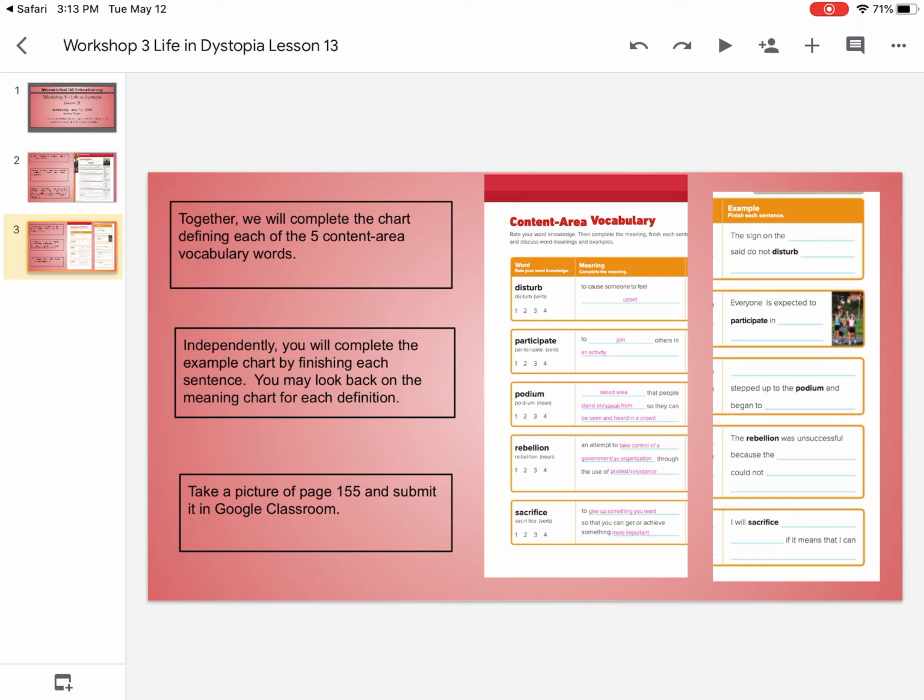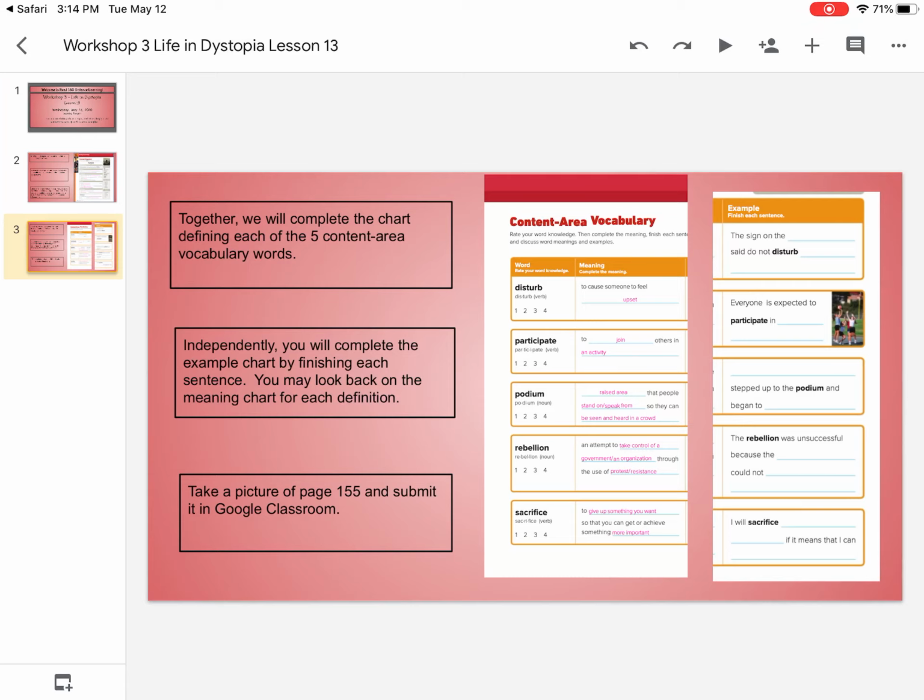Your third word, podium, a raised area that people stand on or speak from so they can be seen and heard in a crowd. We have a podium in the cafeteria that Mrs. Kuznia and some of the teachers and the principals stand in front of when they're making announcements.